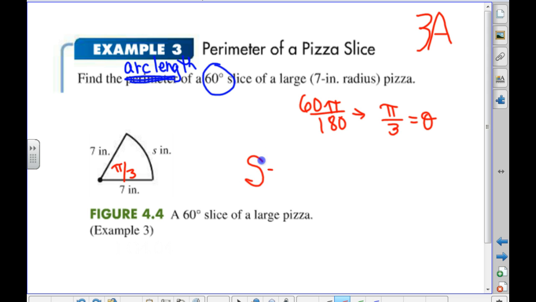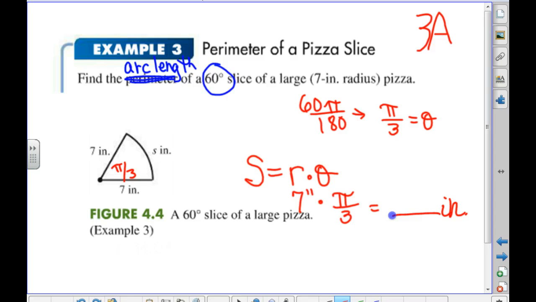And to find the arc length, we do the radius times the angle in radians. So the radius is 7 times radians of pi over 3. And again, 7 inches times pi over 3 radians magically is just inches. The labels just disappear.